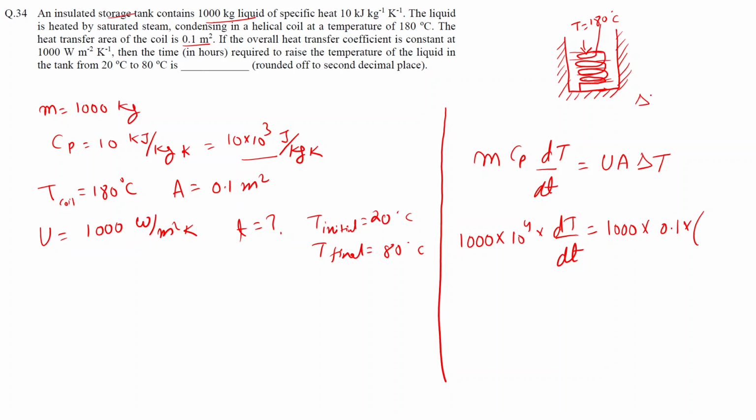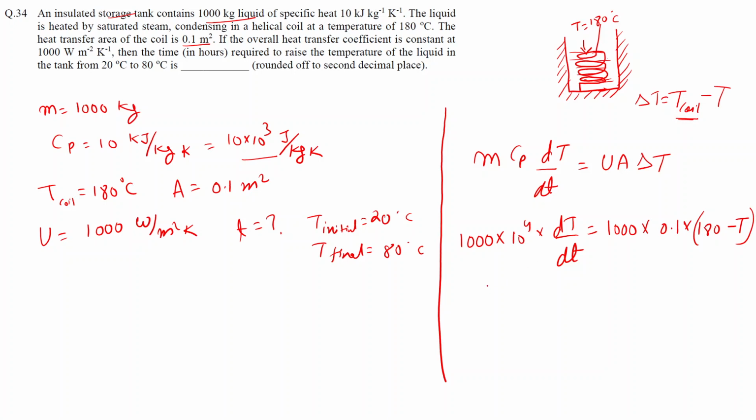So delta T is T coil minus T, the temperature of the fluid. The temperature of coil is 180 degrees Celsius minus T. So this is my delta T.